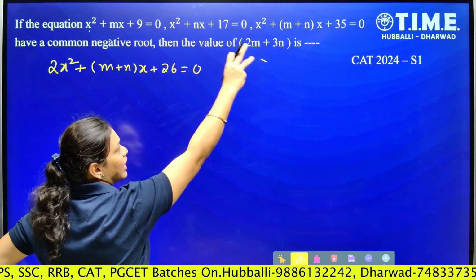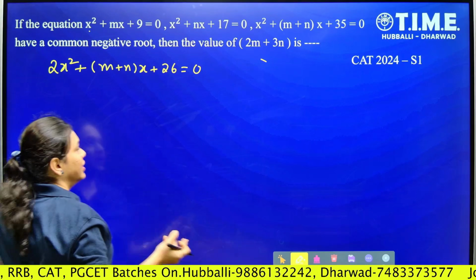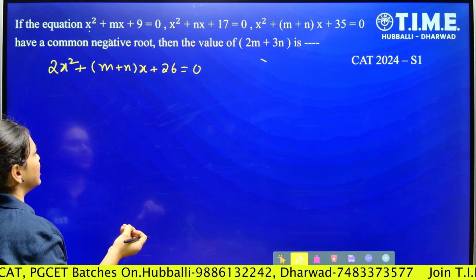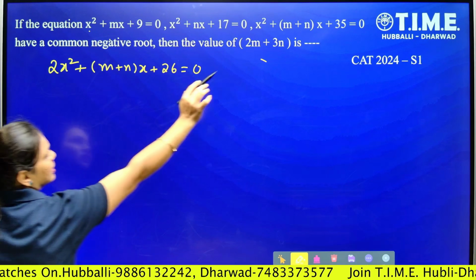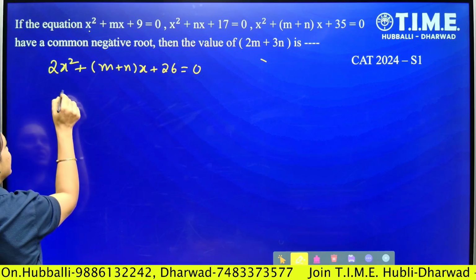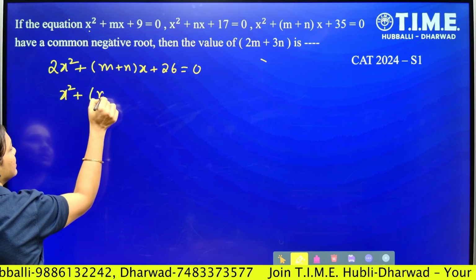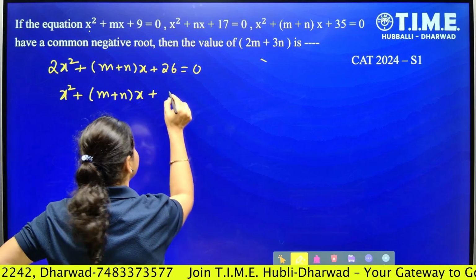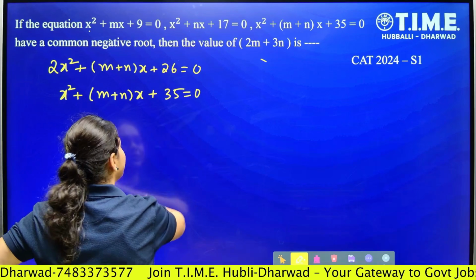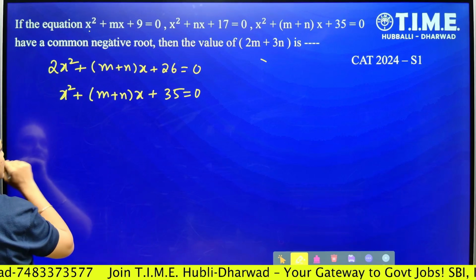This equation along with the third equation we will simplify. Let's see, we may get values of x. Okay, let's understand here first. The third equation is given as x square plus m plus n into x plus 35 is equal to 0. Simultaneously we will simplify these equations.